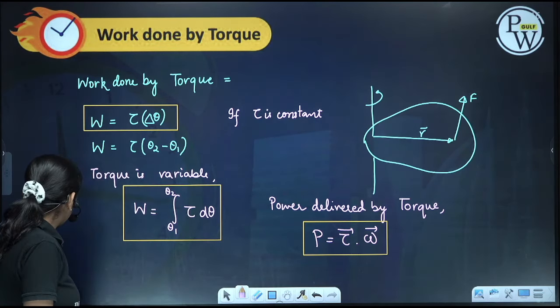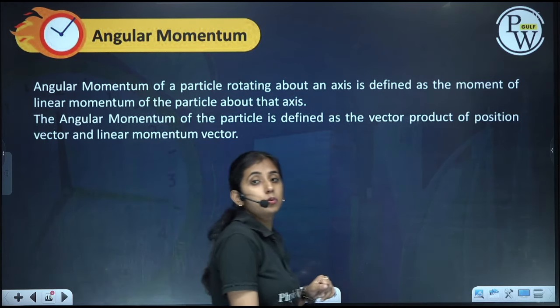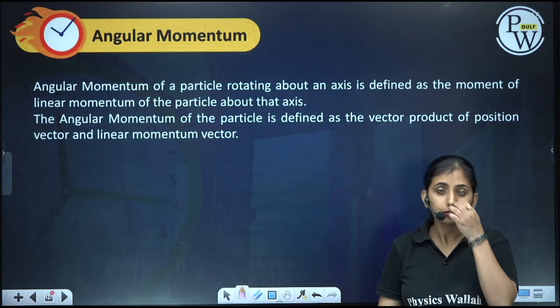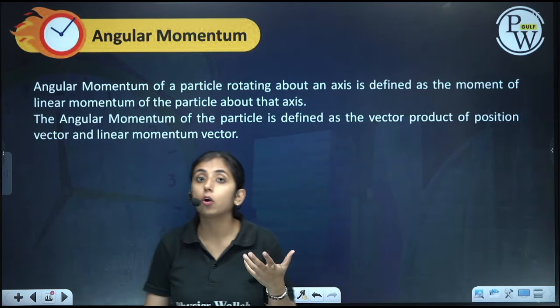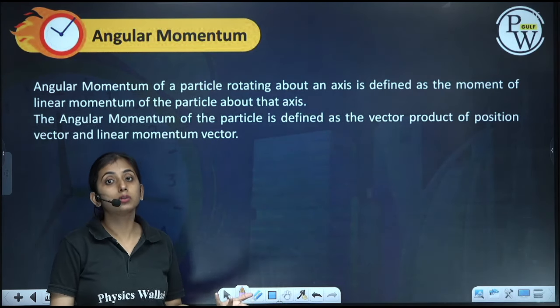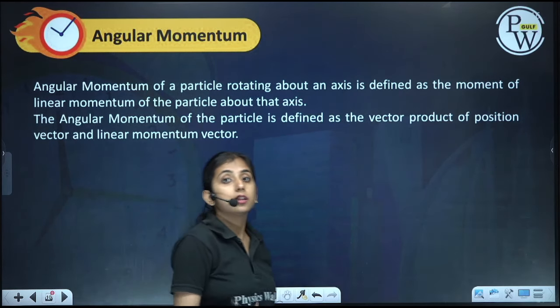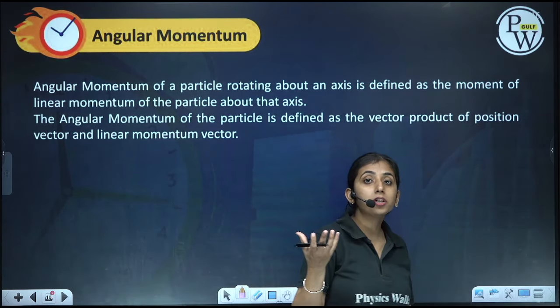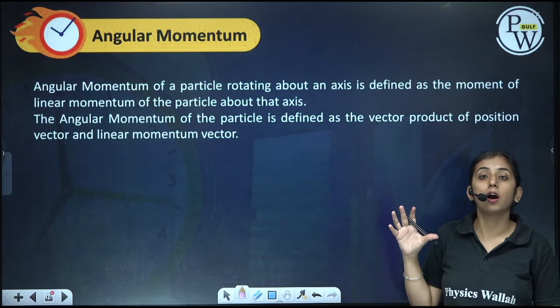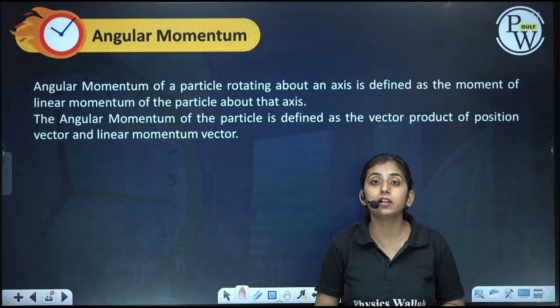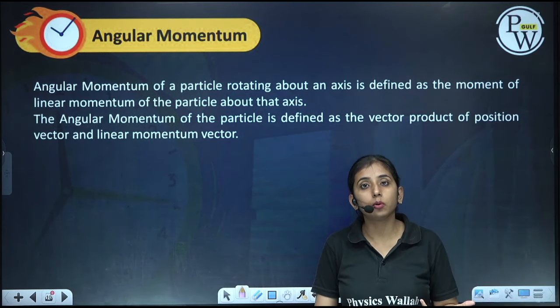Now let us come to angular momentum. What is angular momentum? Just like the rotational or turning effect of a force is called torque, similarly how much rotational motion is contained in a body is given by angular momentum.